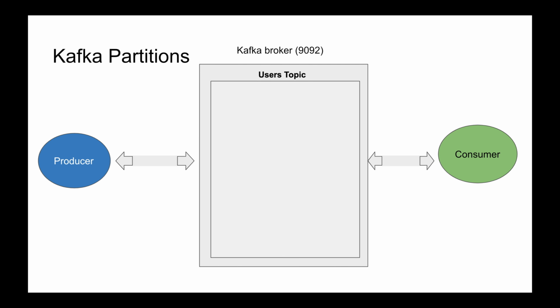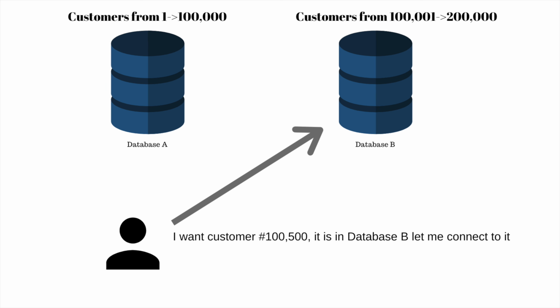All right, now we know topics grow large. What do we do, guys, with databases when they grow large? When their table goes to millions and millions of rows? We do sharding, right? Because it says, okay, customers from number 1 to 100,000 go to this table in this database.